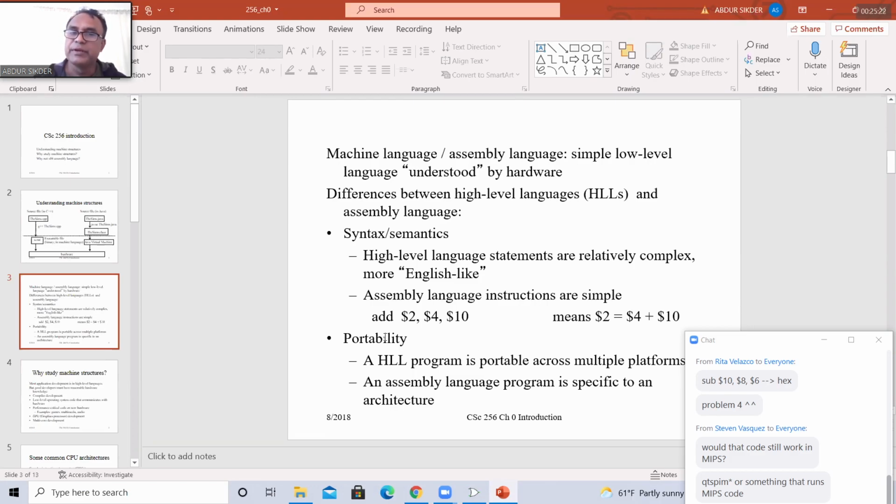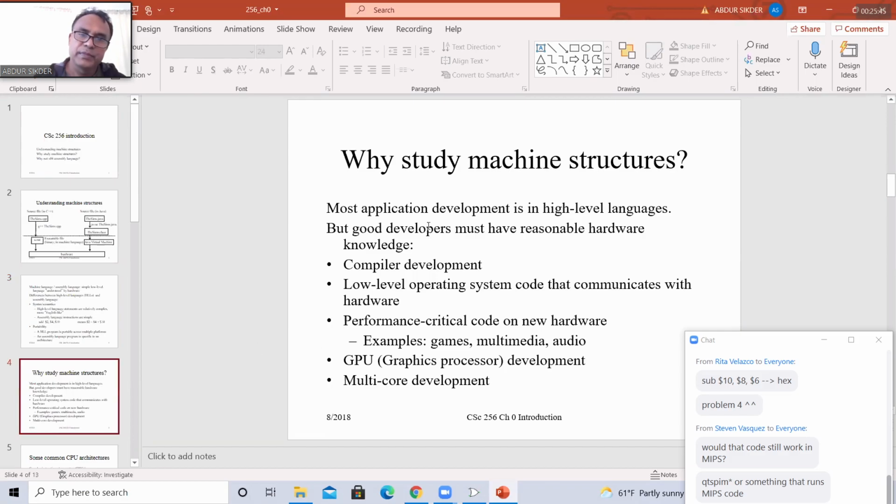Another main difference is that high level language is portable across multiple platforms, but low level language is very specific to a CPU, the design of the architecture of the CPU. So that's important from the slides. So take notes. Why study machine structure? Because we need it for compiler development.